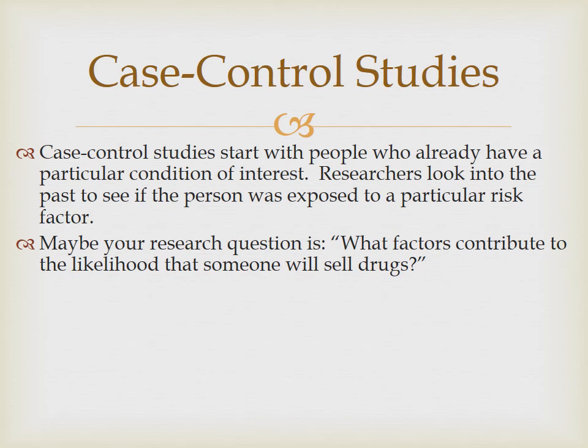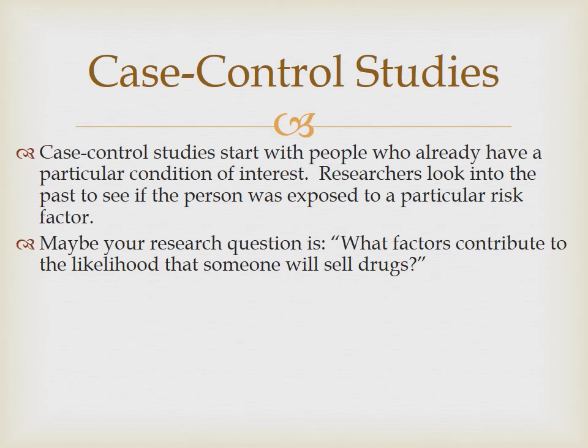The examples we gave were heart disease and incarceration. So in our two examples, we would be enrolling people who either don't have heart disease yet or have never been incarcerated, and then we find out throughout the future how many of them end up with that condition. A case control study is different. We just go ahead and get the people who already have the condition and then look in the past.